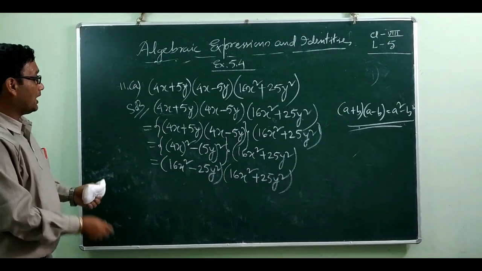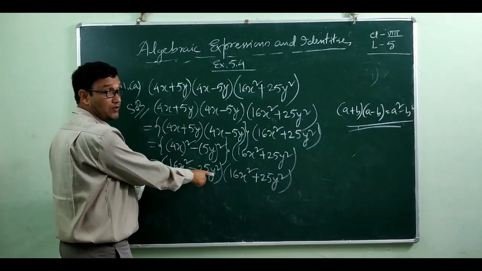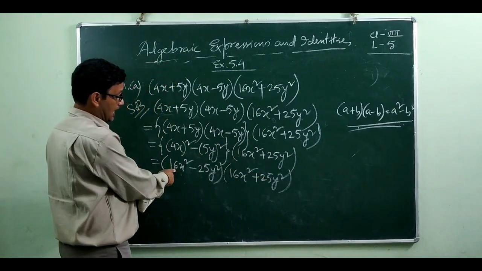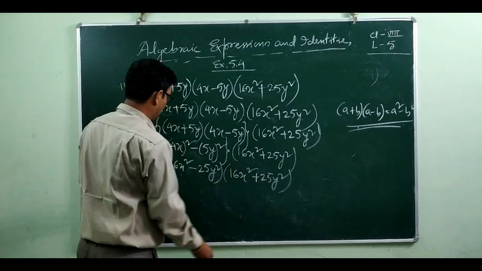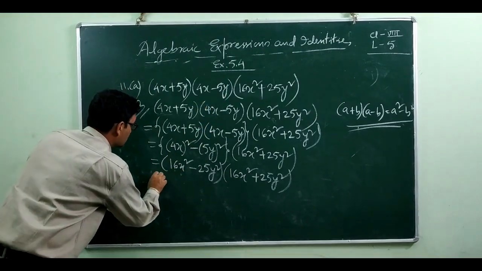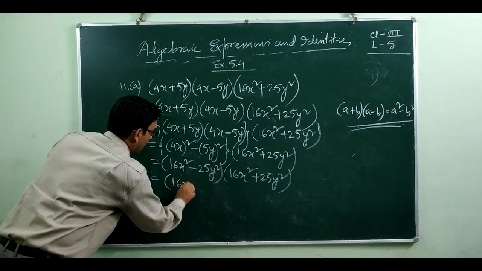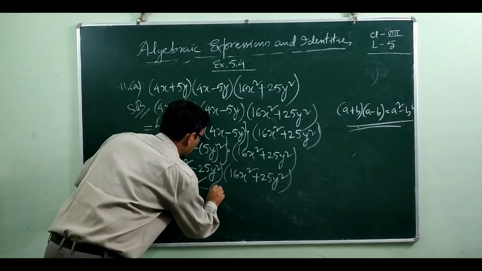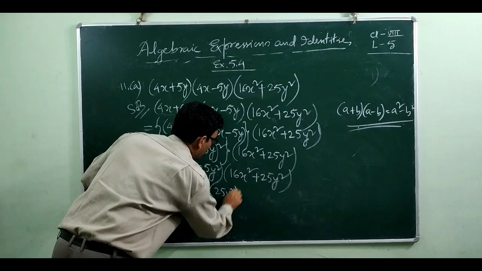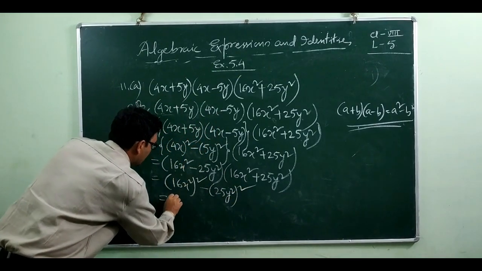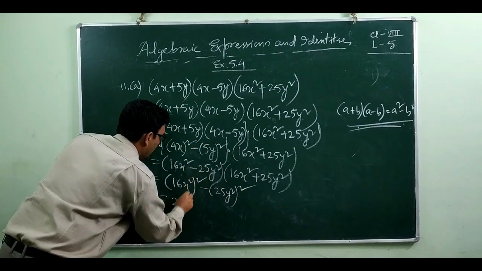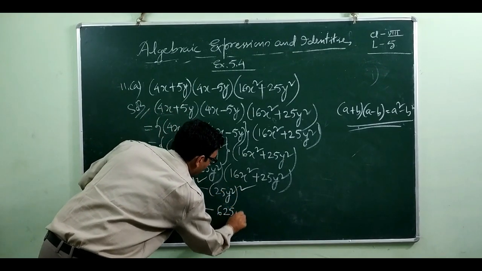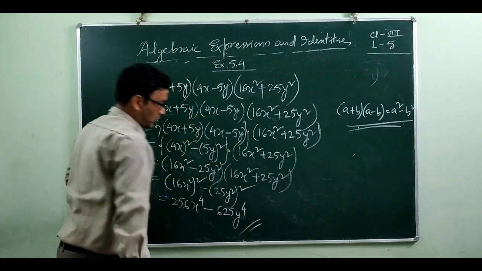Now again you see, that is (a minus b) into (a plus b), so again you can use that formula. We'll write (16x square) whole square minus (25y square) whole square. That means 16 square is 256, x square squared means x to the power 4, minus 625 y to the power 4. This will be your answer.